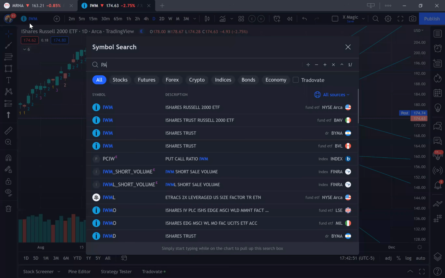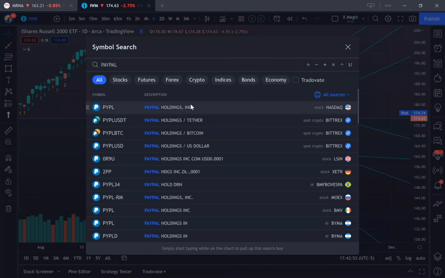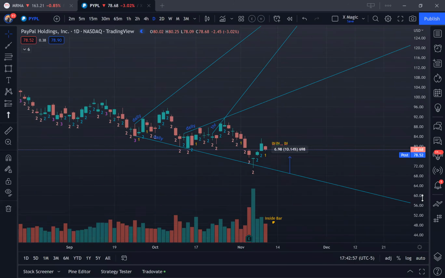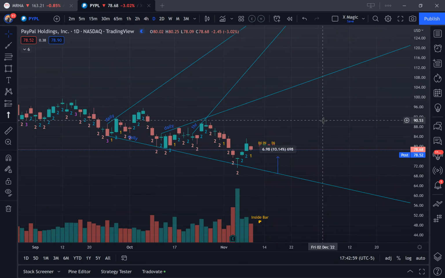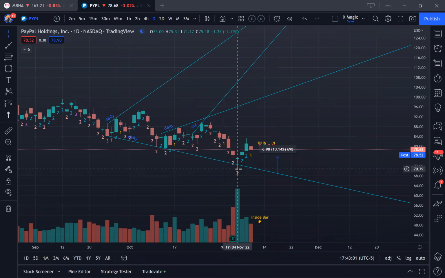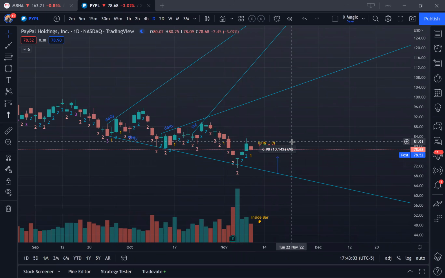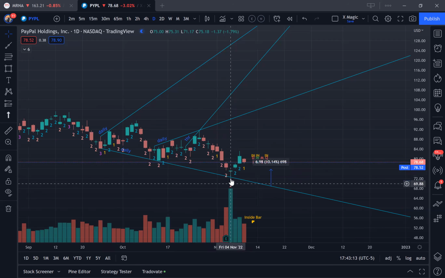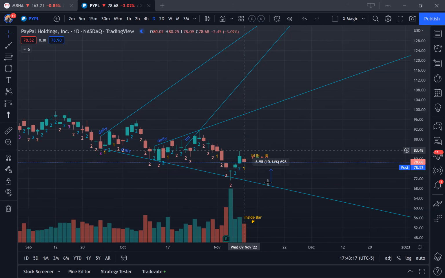PayPal. Cool. So from the other day, I think on Monday or Sunday, I posted this in the Strat Academy section, where off this daily BF that was drawn from this point to this point, we get an actionable signal, which is a hammer, and we take it up.